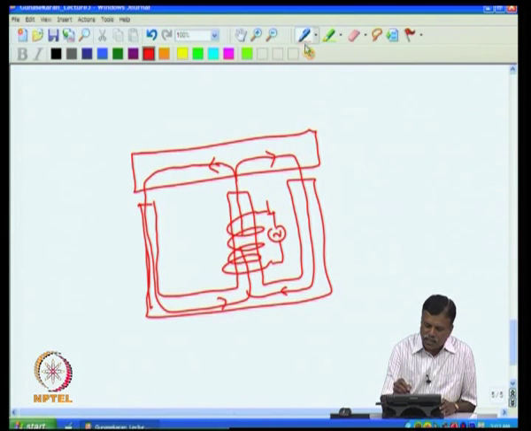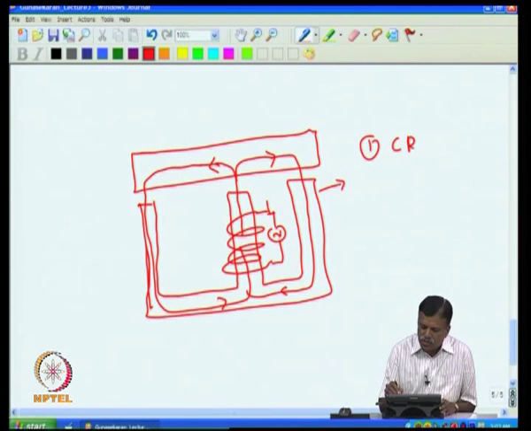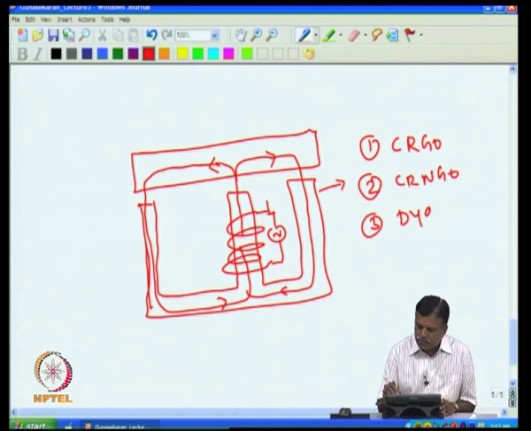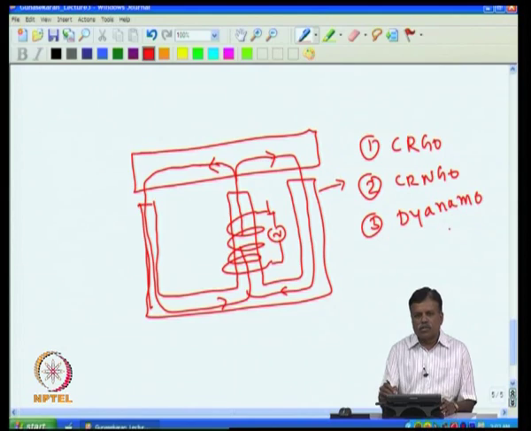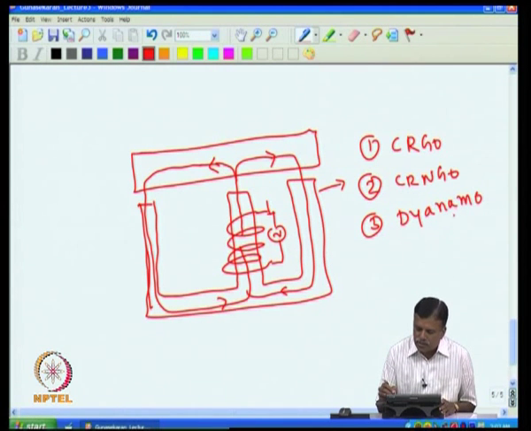One is CRGO, the second type is CRNGO, and the third type is called dynamo grade. So, we have 3 types of cores available in the commercial world.